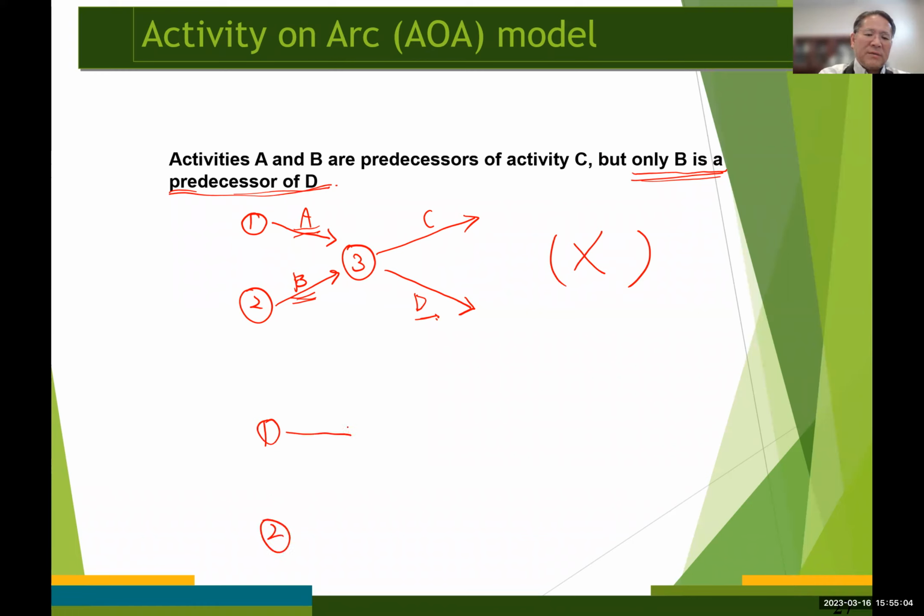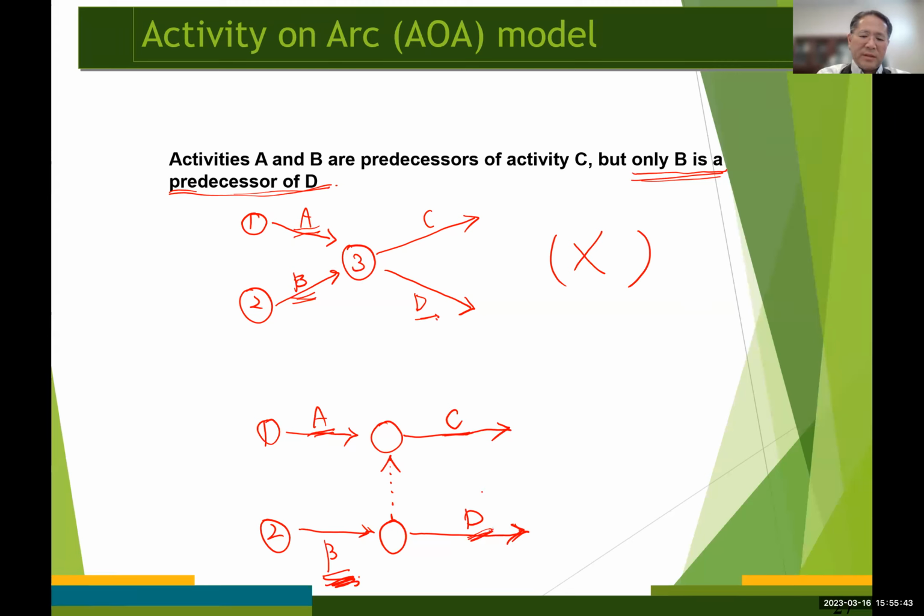So in this case, if I have A and B like that, and then I have a dummy activity like this, and I have activity C. In a way, both activities A and B are the predecessors of C. And if I have activity D down here, in this case only B is a predecessor of activity D, right?